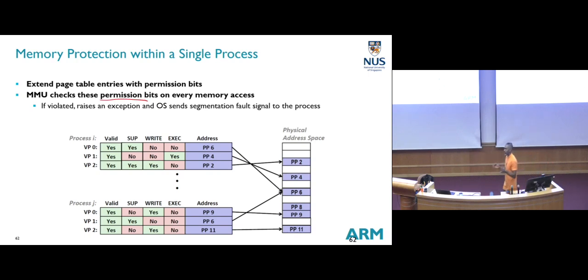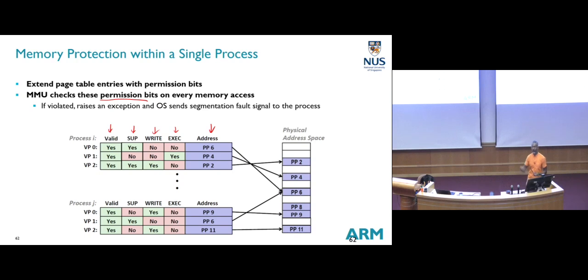Just now when we talked about the page table entry, we only talked about two fields: the physical address, and whether the valid bit is set. But besides the valid bit and the page address, you can also have additional bits to say whether a process trying to access this physical page has the right to execute code, or the permission to update the memory.